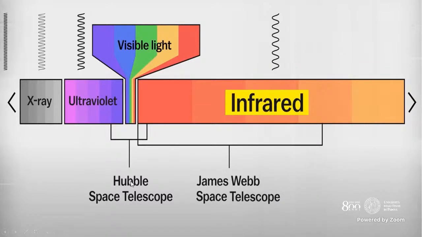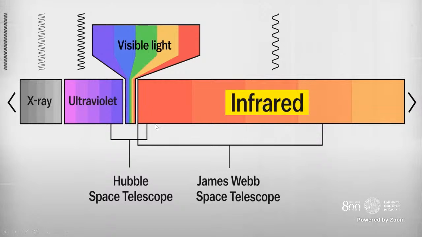The Hubble Space Telescope is between the ultraviolet and infrared. So it has the capacity to capture ultraviolet radiation with its instruments, the visible light, and also a small spectrum of the infrared.